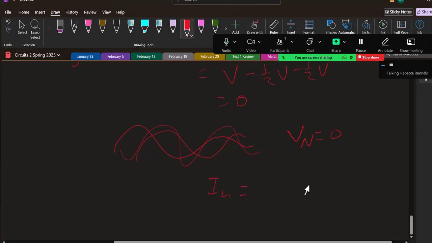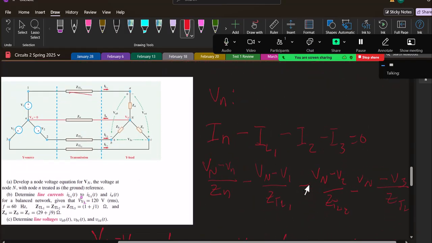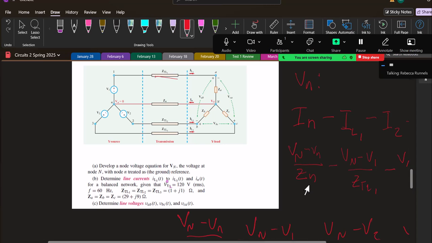IL1 would equal V1 minus Vn over ZTL1 plus ZA, and we were given some numbers for this. Our source is 120.